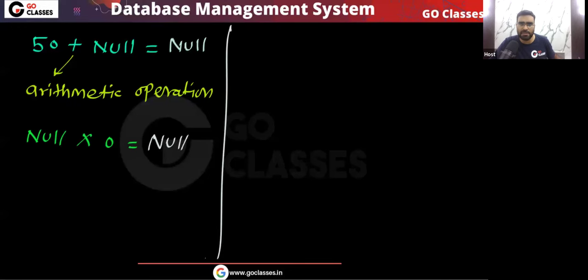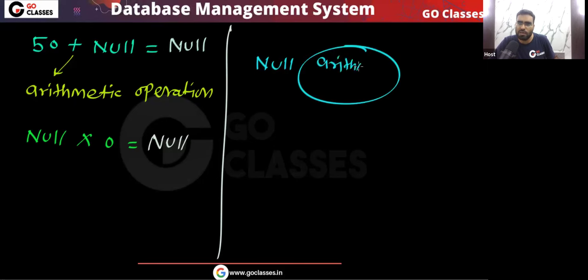See, there is no exception. Remember one thing: if you do any arithmetic operation with null, then the result will be null.